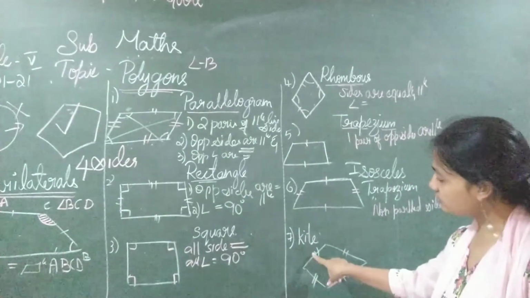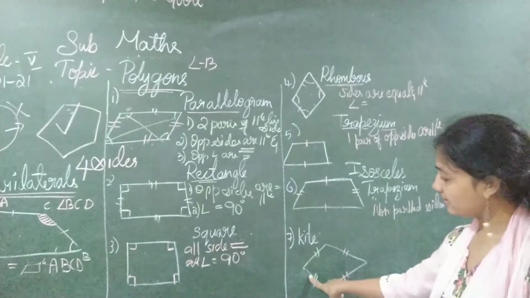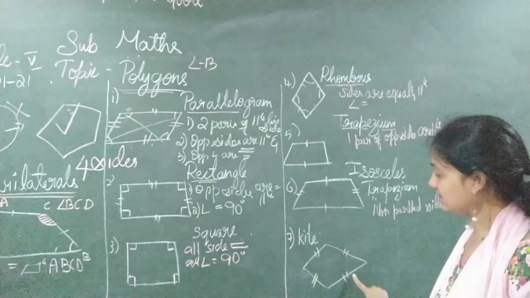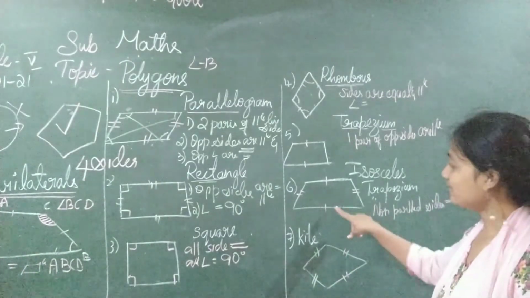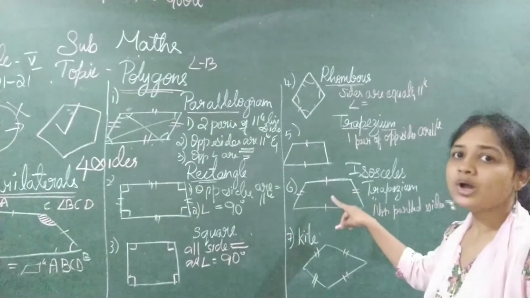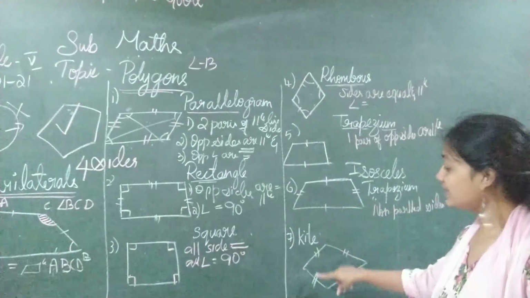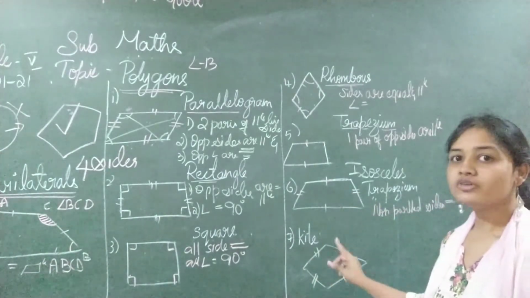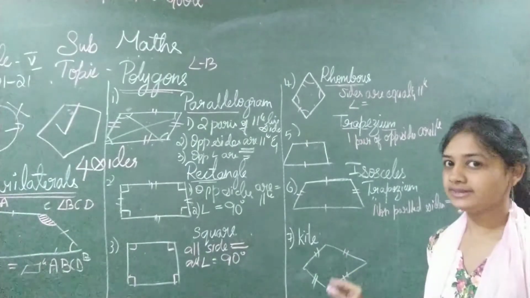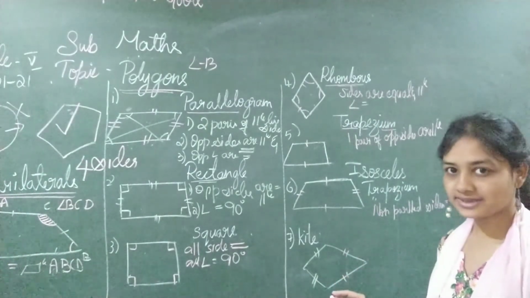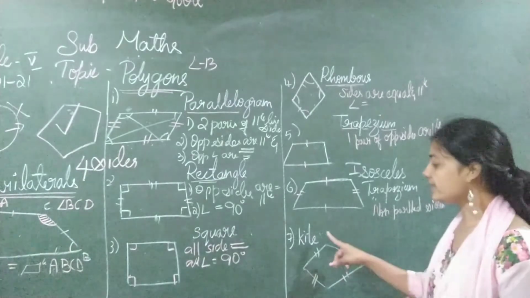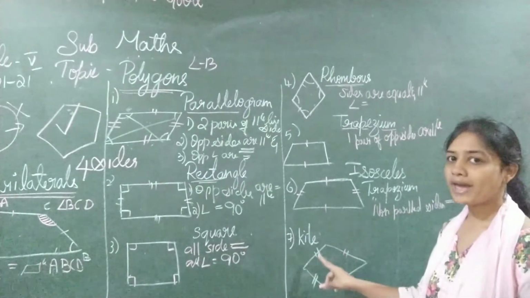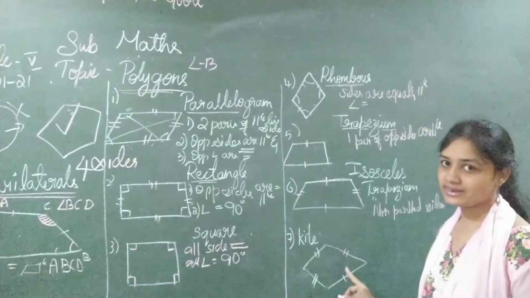Sides which are next to each other, this side and this side, are equal. If the sides are like this, we call them opposite sides. When the sides are next to each other, we call them adjacent sides.